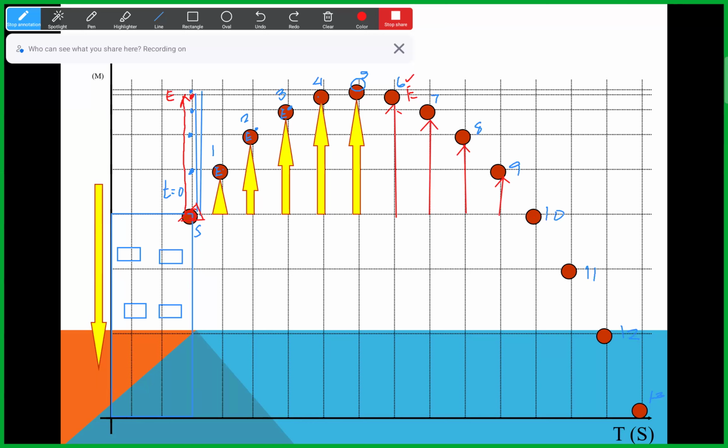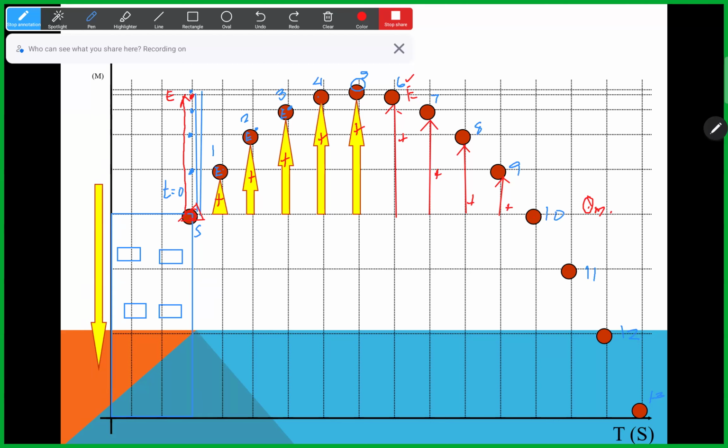I'm back at the starting position now. Correct, it's 0. These are all positive displacements. Increasing positive, and then decreasing positives to 0.